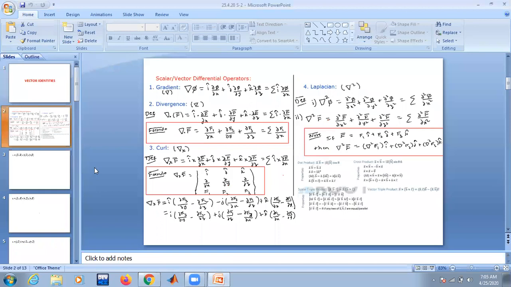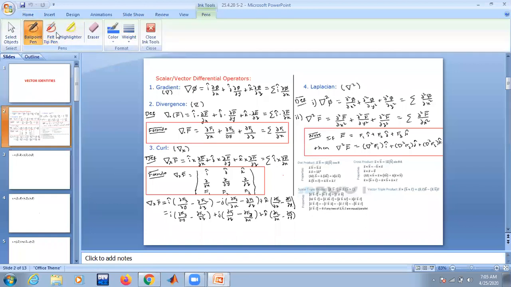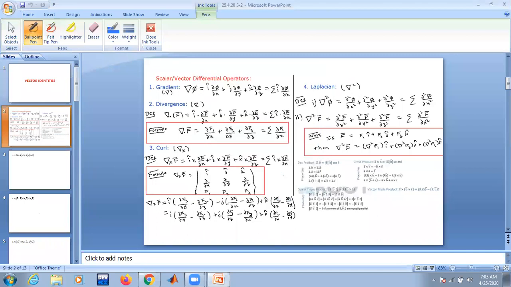So you remember all these formulas, right? Gradient, divergence, curl, Laplacian and so on. We are going to use these formulas, especially the sigma formulas.